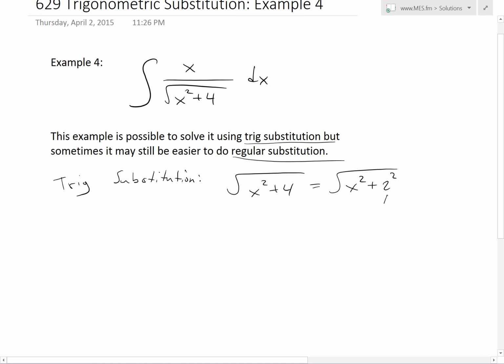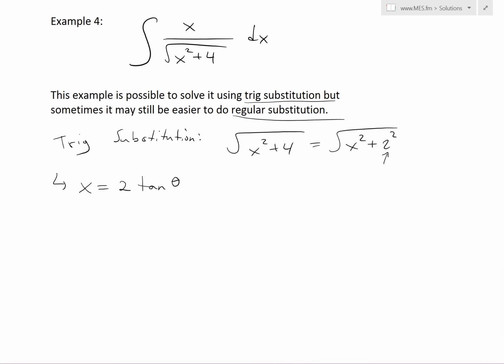From the introduction to trig substitution, I showed that if you have a form like this, you could use the trig substitution x equals 2 tan theta. So if it's x squared plus a number squared, then you would write x equals that number times tan theta.